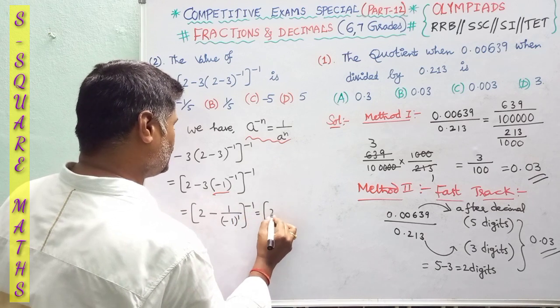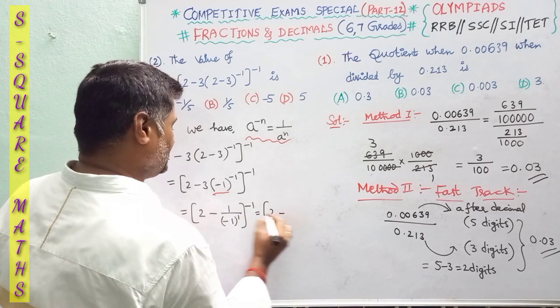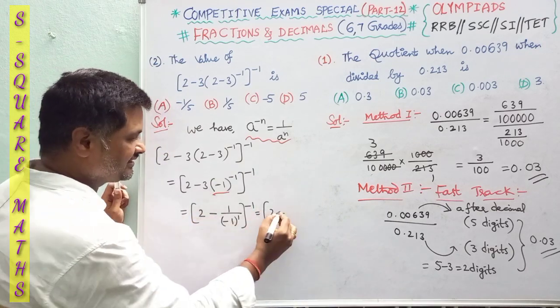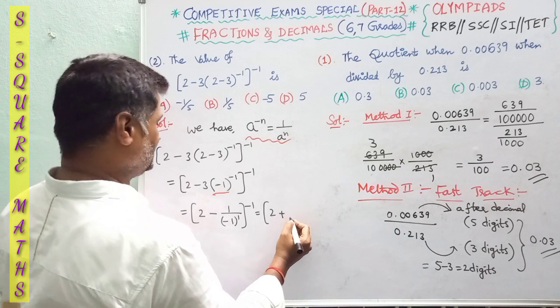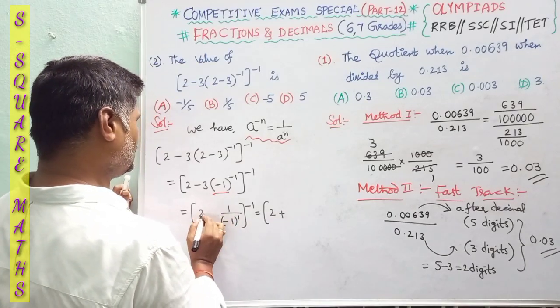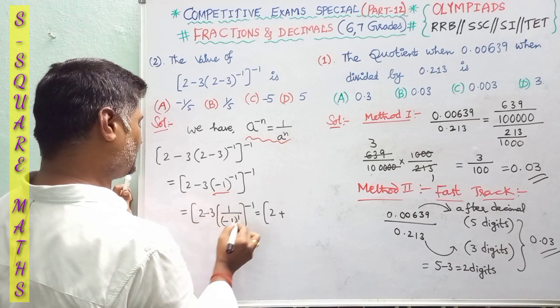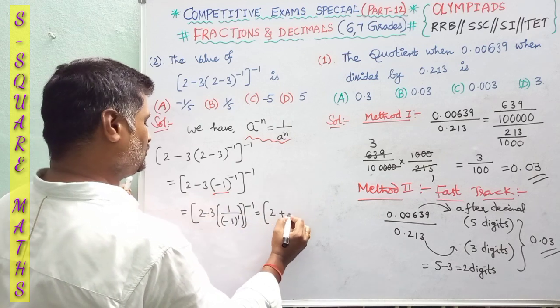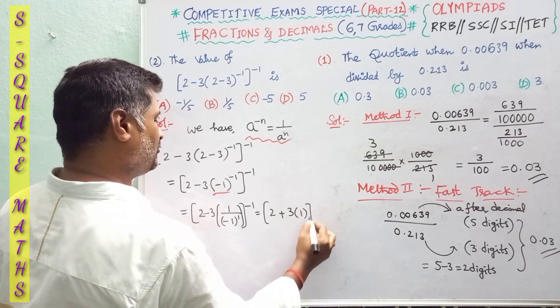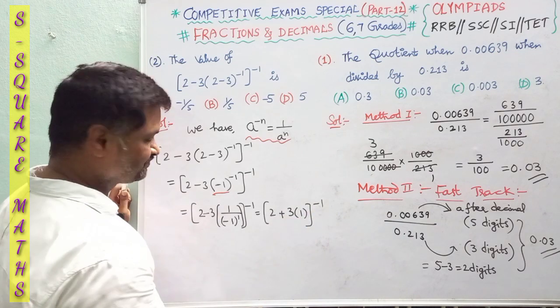This can be written as 2 minus, so minus 1 whole power 1 is minus 1, and minus by minus is plus. So here you have 2 plus 3 of 1 whole power minus 1.